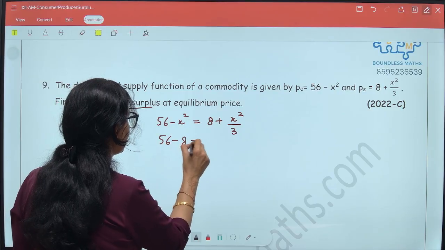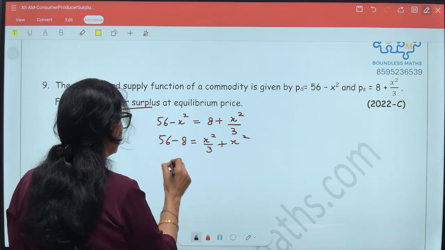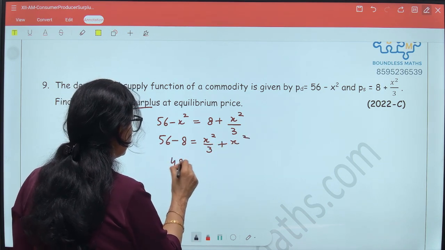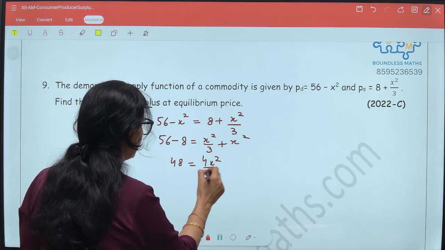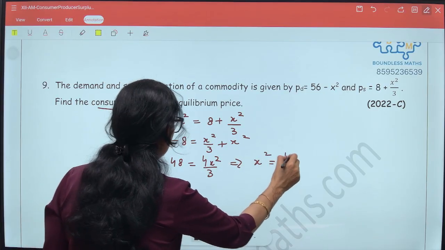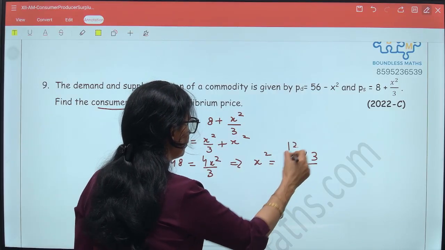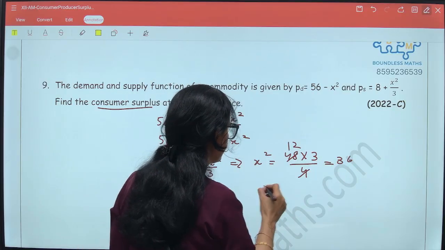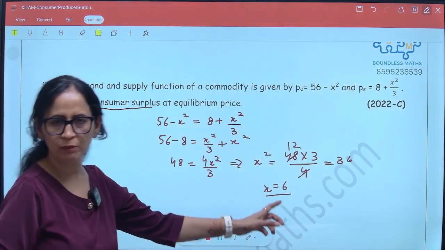56 minus 8 is equal to x square by 3 plus x square. This becomes 48. 48 is equal to (3 plus 1) 4 x square by 3. That becomes x square is equal to 48 into 3 by 4. 12 3s are 36. That means the value of x is 6. So we got the equilibrium quantity.